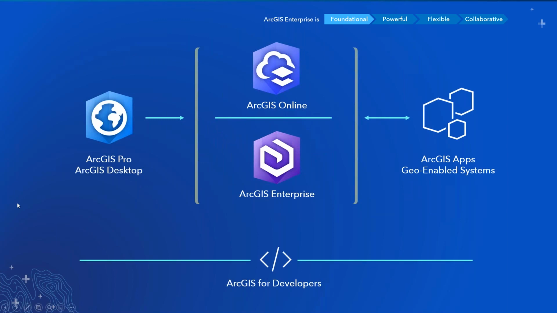So it works with ArcGIS Desktop to receive resources as input and turn them into web resources, right? The Desktop GIS is that complete professional mapping workstation. ArcGIS Online and ArcGIS Enterprise act as that core component. I have ArcGIS apps that sit on top of that, and then I have developer APIs that can be used to build on top of that.